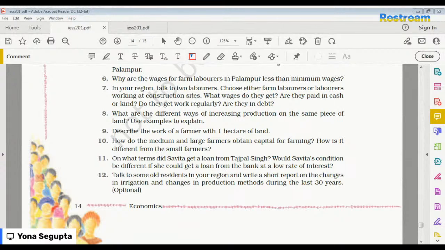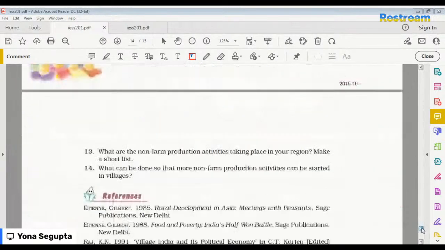A very few of them give the savings to small farmers as loans at high interest rates and get back the amount by the next season. So thus they are able to arrange capital for farming from their own savings. Some farmers might also use the savings to buy cattle, trucks or to set up shops. This is also something you can do.